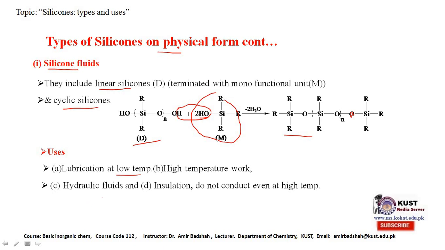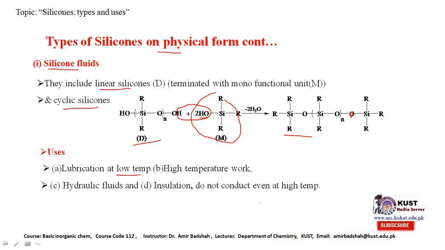It is also used in the hydraulic fluids in the carriage in cars. It is also used for insulation. For example, if we use some electric equipment, it is covered over with the silicone fluids to insulate it, and it works.